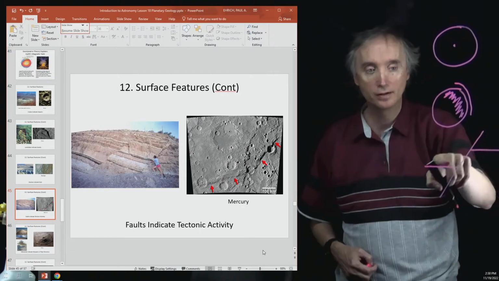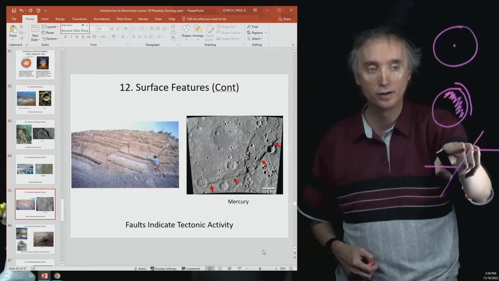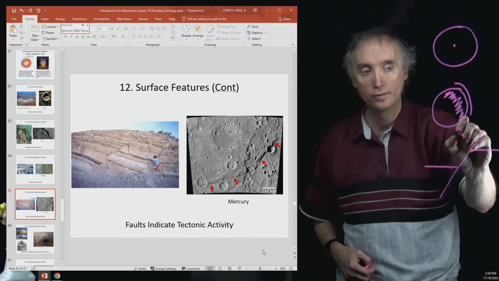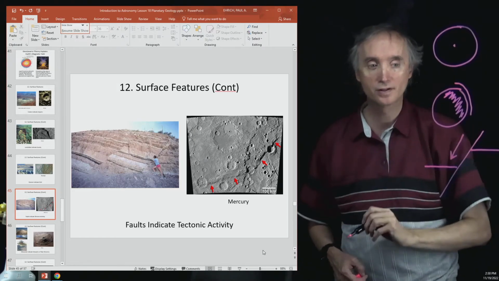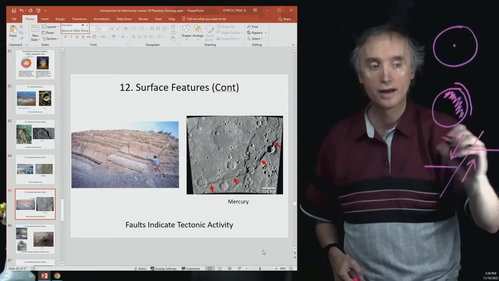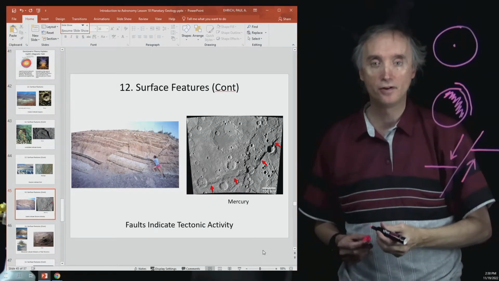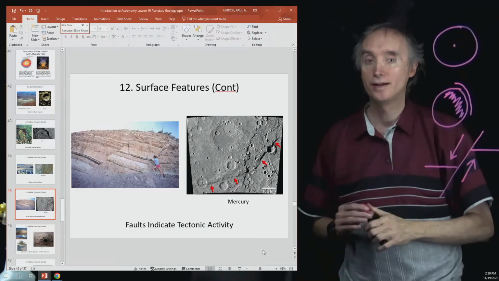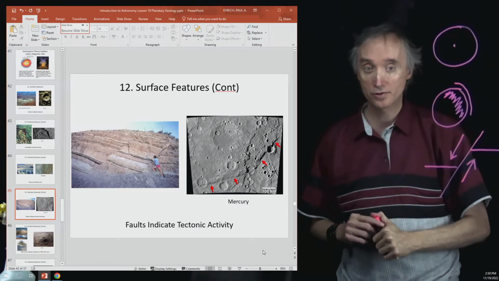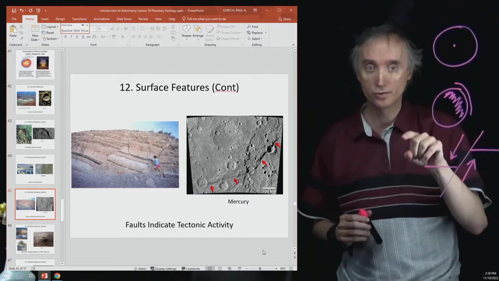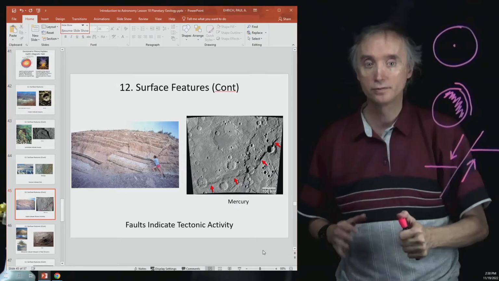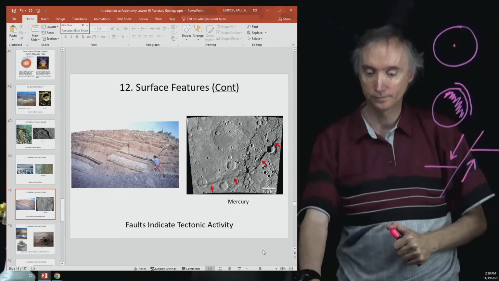This black line used to be parallel with this black line, but there's been an earthquake where this material either slid down like that, or this material went up like that. So anytime you see a fault, that tells you that some kind of tectonic activity has occurred. And in the picture on the right, that's where you see those red arrows. That's indicating where there's a fault on Mercury.